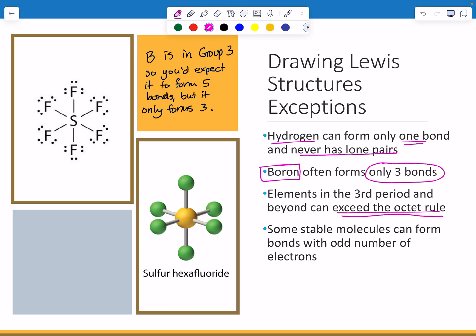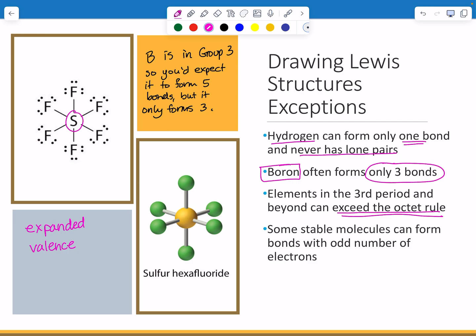How do we go from 6 to 8? Yep, we would form 2 bonds. But there is a thing that exists, sulfur hexafluoride, forming 6 bonds. This is called expanded valence. That's one of those examples of where we're exceeding the octet rule.